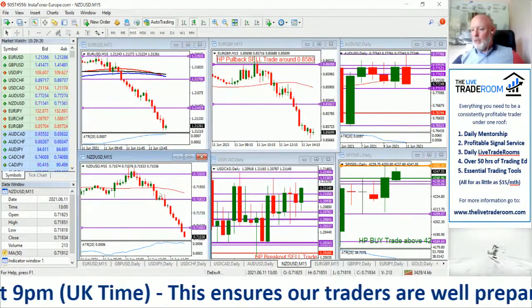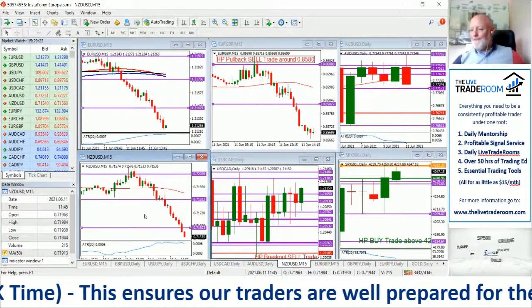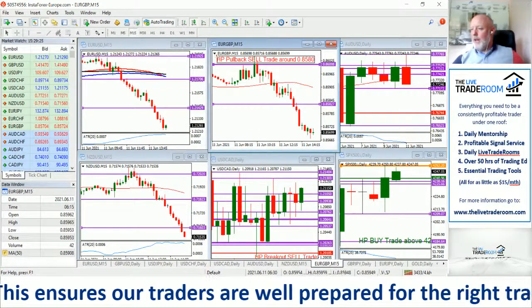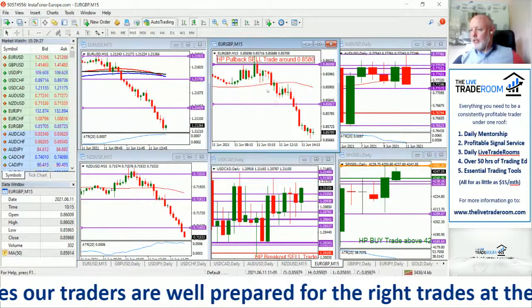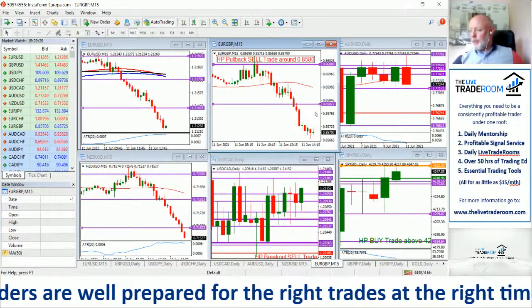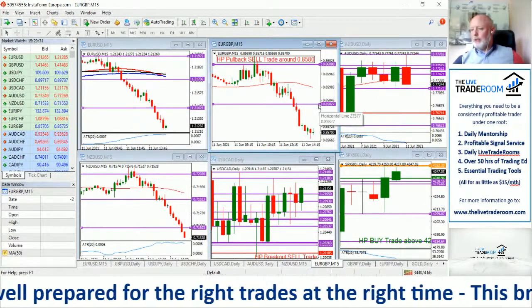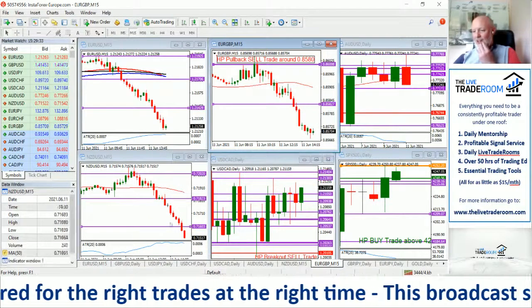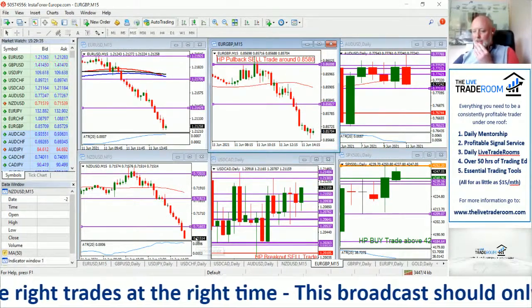The New Zealand dollar, we're awaiting a pullback. The euro pound, it's just extending. So there is an opportunity if we get a pullback to this level. And it looks like it's just dropping like a stone right now.